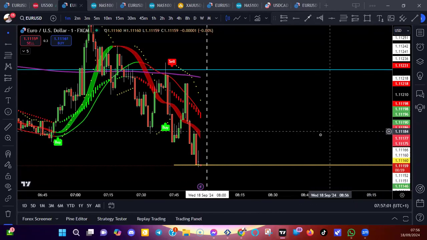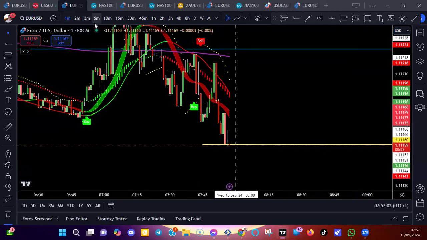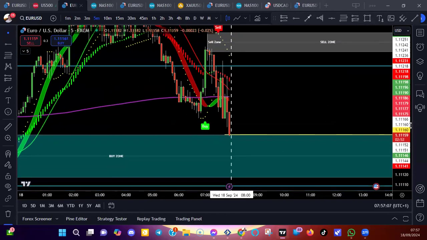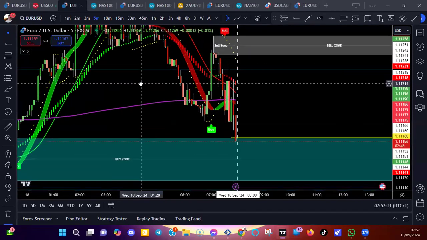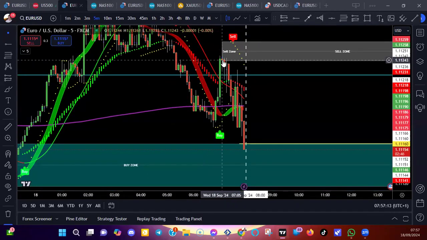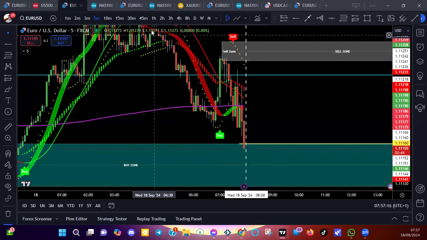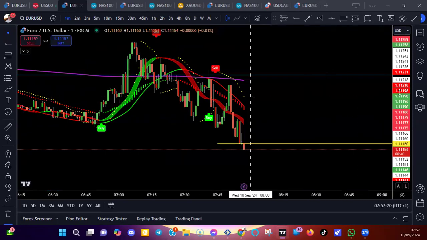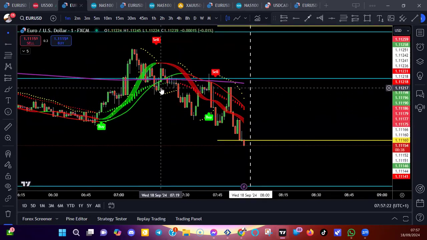Now we are in a buy zone situation. There it is on the 5 minute time frame. We're in a sell zone there at 7:05. So let's see what would have happened if we'd have taken that sell.